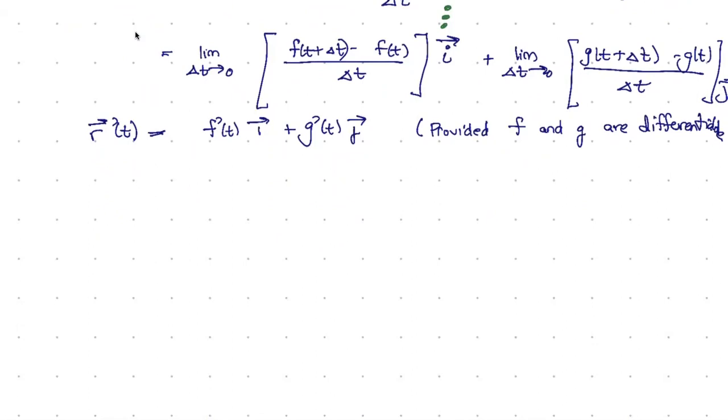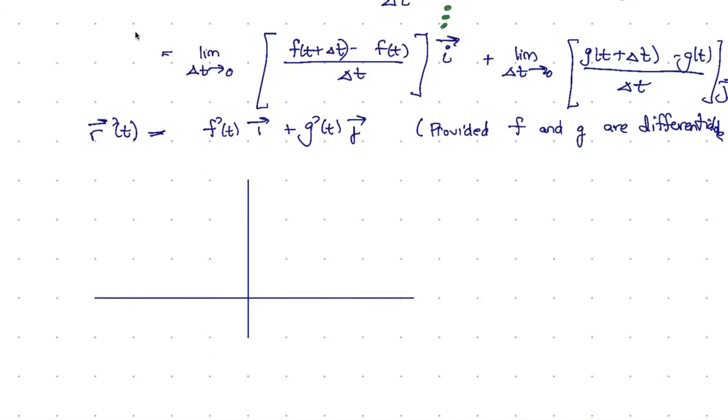Pictorially, what does the derivative represent? To generalize this picture, I'll do the picture in 3 space, although the same is true in 2 space. So let's actually draw it in 2 space and say that the same is true in 3 space. 2 space is always going to be much easier to depict than 3 space.